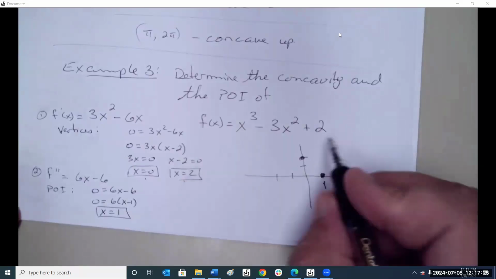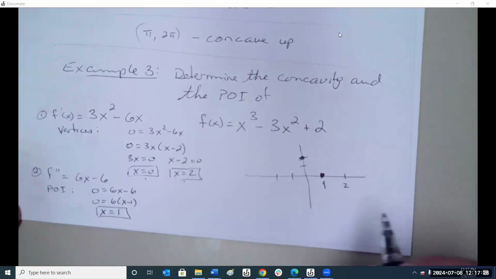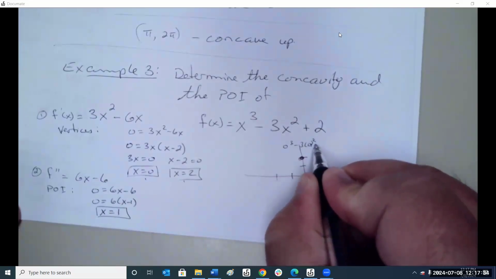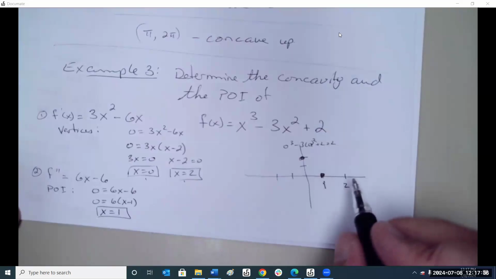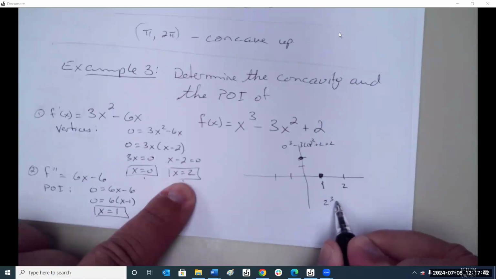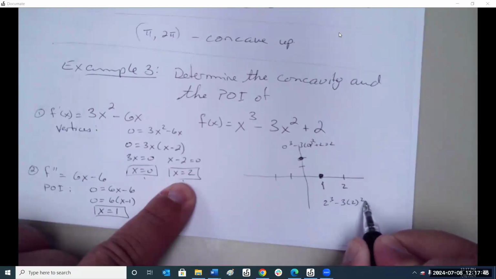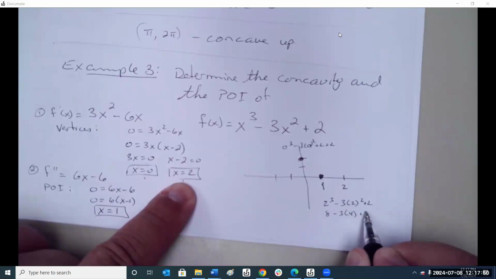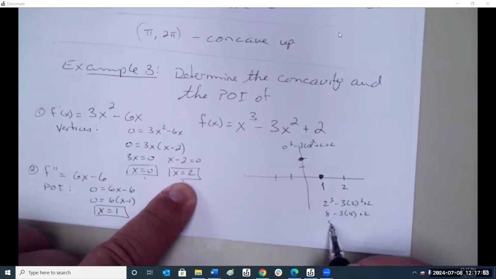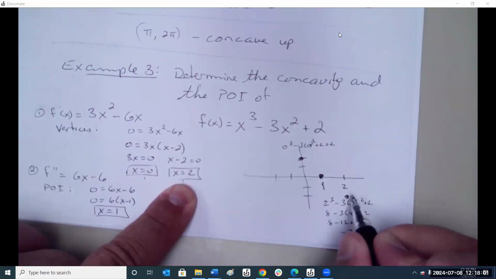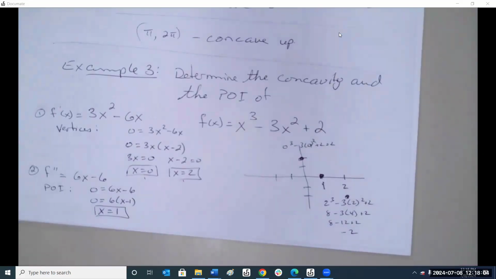When x equals 2, we get 2 cubed minus 3 times 2 squared plus 2. 8 minus 3 times 4 plus 2. 8 minus 12 plus 2. So 10 minus 12 is negative 2. So there's my other vertex.